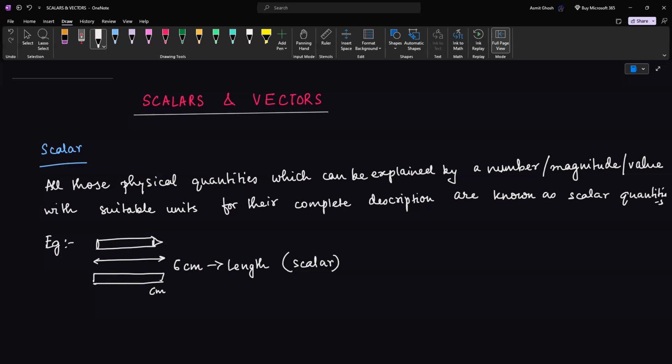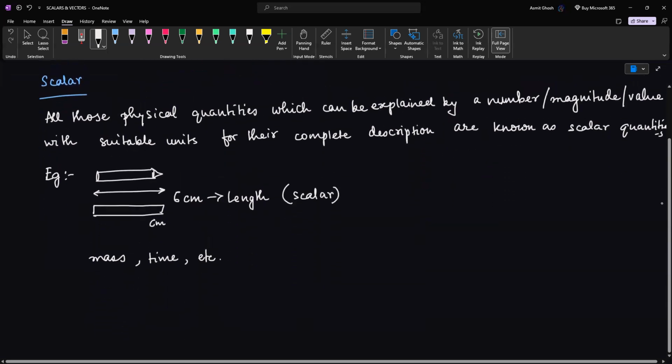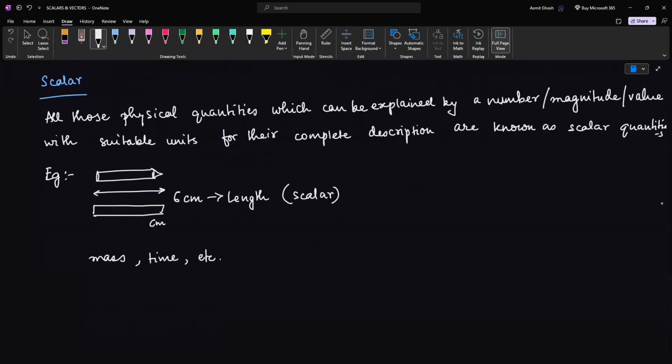Other examples are, let's say, mass, time, etc. For example, you have a certain mass. Obviously, every matter has mass, but it does not depend on what direction that body is going, right?